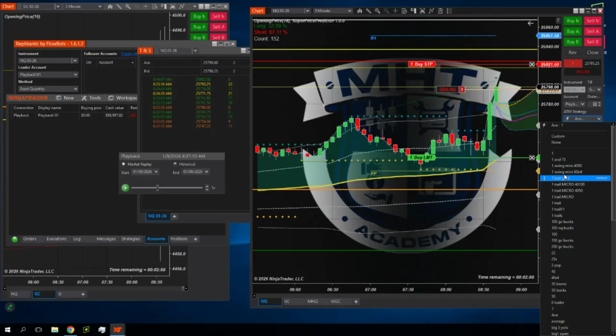Once you find out your average per trade, your ATM strategy should be that average. So if you average 450 on most of your trades, you could put your target at a max of 450. Don't try to make more than 450 until you prove to yourself that you can make more than 450 per trade.